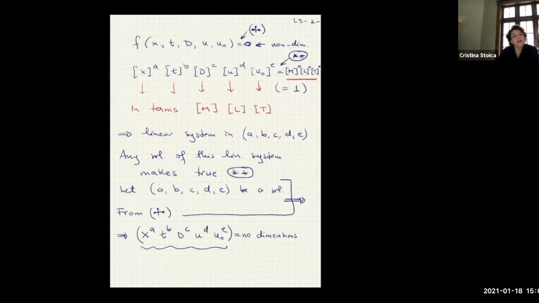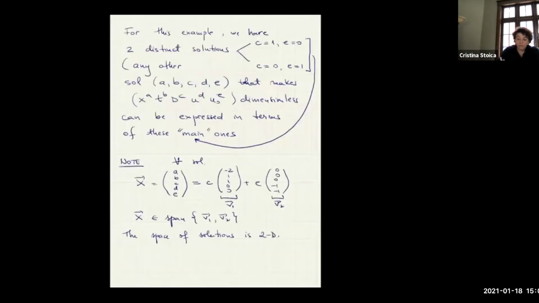And that's where linear algebra kicks in. So for the example we had before, how many linearly independent solutions did we have? The space of solutions, spanned by 2 linearly independent vectors, will have 2. So only 2 of them will be distinct, whereas the rest will be combinations of the other ones.